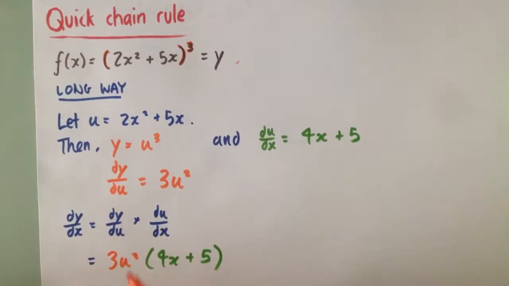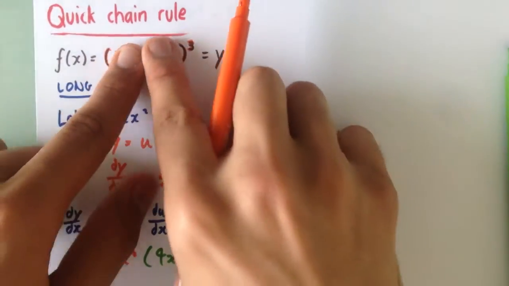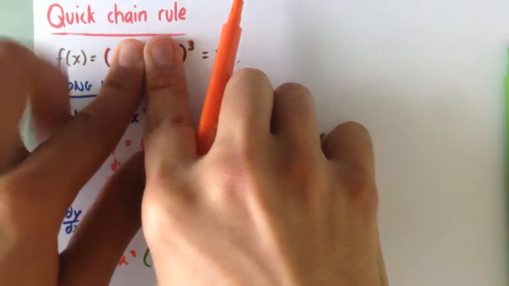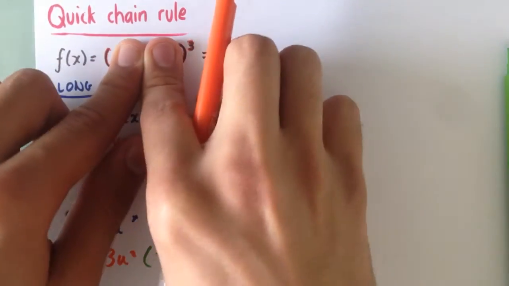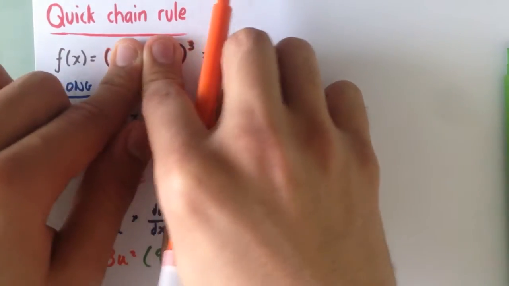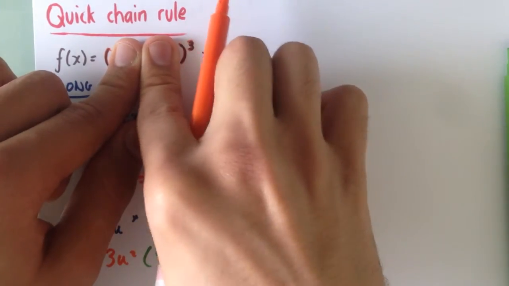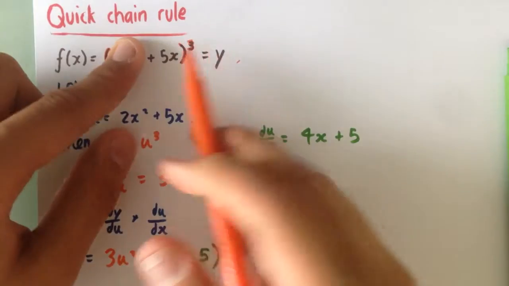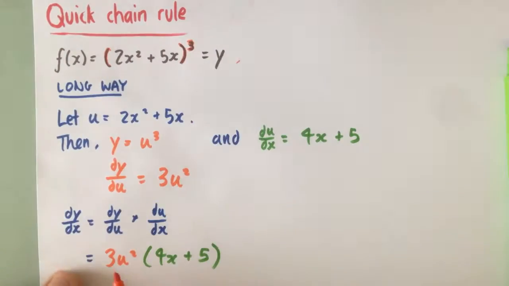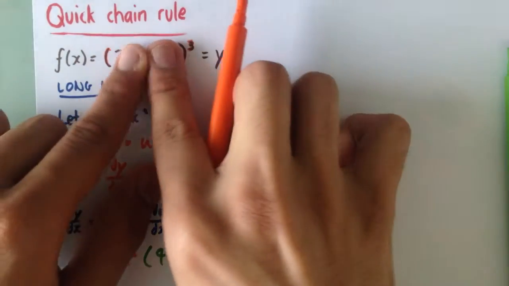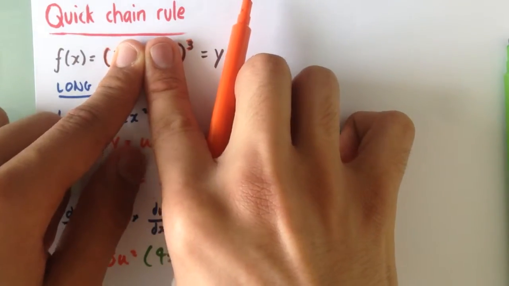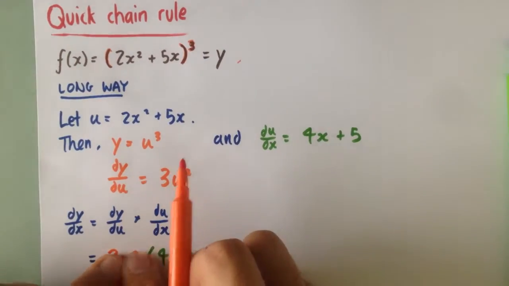So for this orange part, all we're doing is ignoring whatever's in the brackets and taking the derivative as if nothing was in the brackets, or as if whatever was in the brackets was just one letter. So it's just the derivative of that, which is 3u squared. The derivative of something cubed is 3 times that something squared.